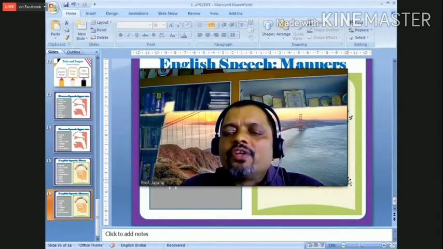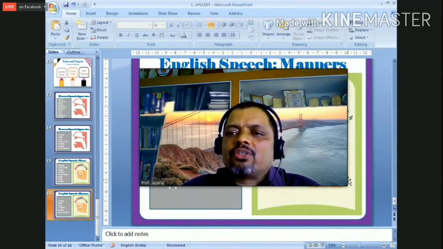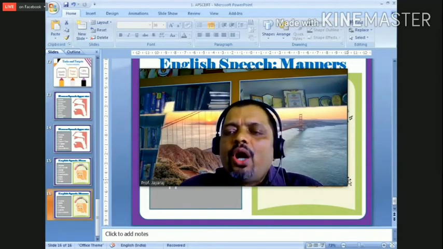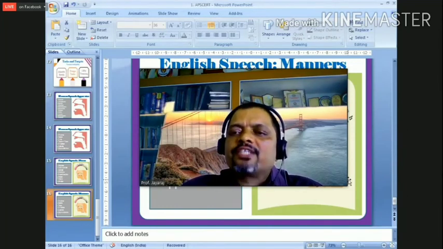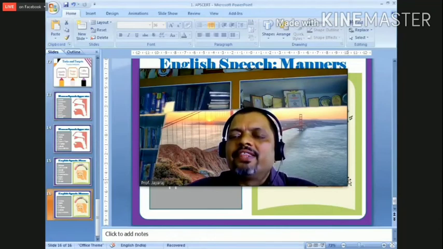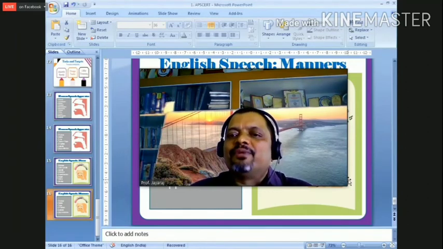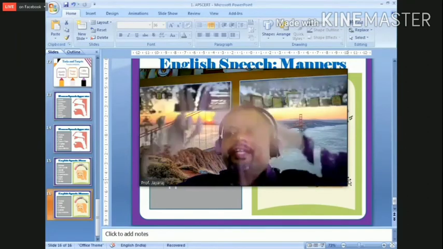Right? So there are n number of varieties across India. So when the learners go out of the state, they should speak the variety which can be intelligible in the national domain.